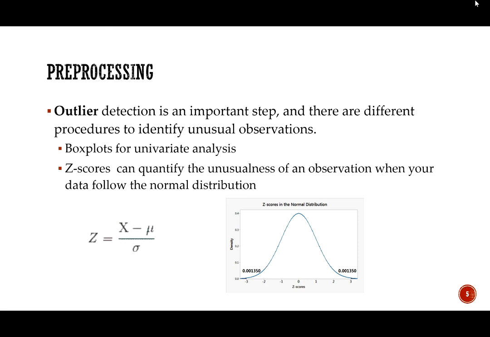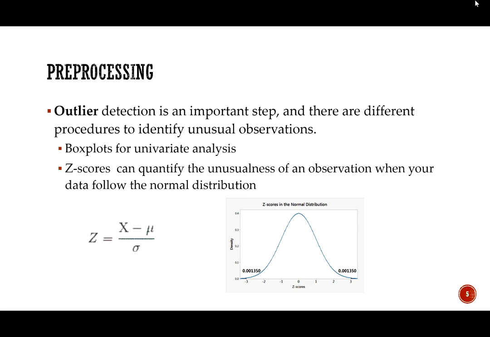Outlier detection is very important, and there are different procedures to identify unusual observations. Here I have listed two commonly used techniques: box plots and z-score. Box plots are for univariate analysis. So we look at box plot for each variable, and if the data points are outside of the range, then we treat them as unusual observations.